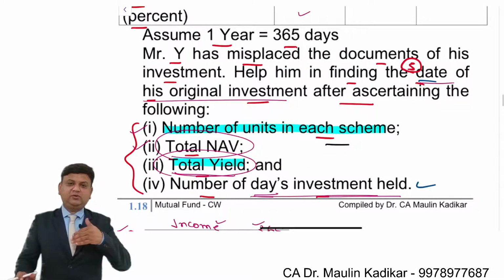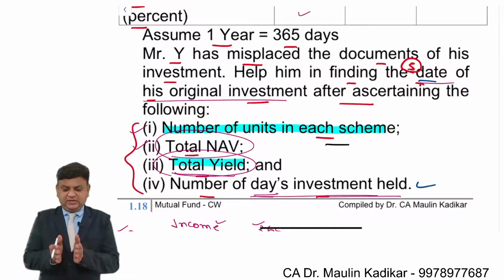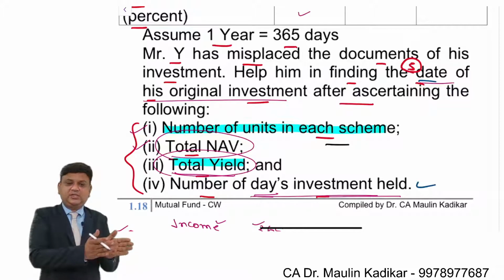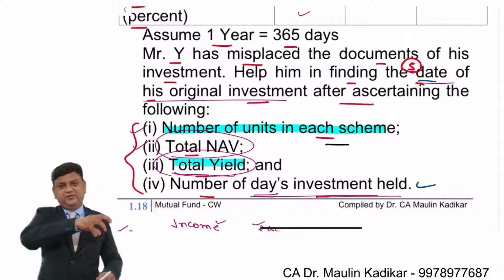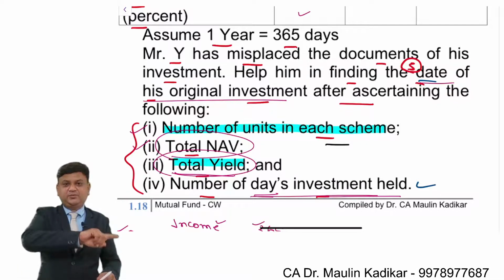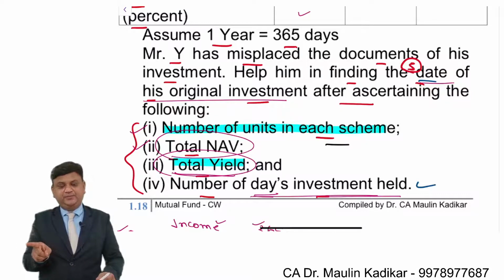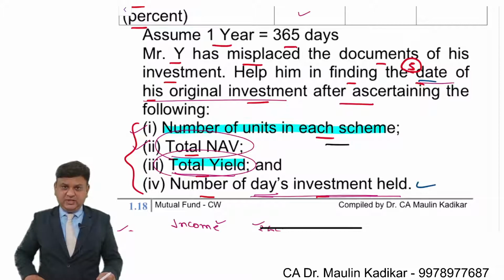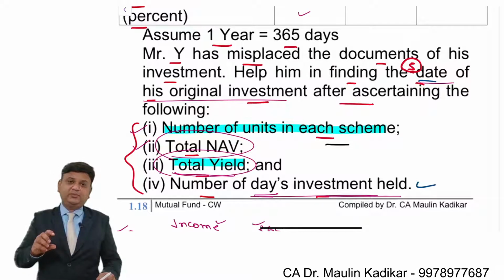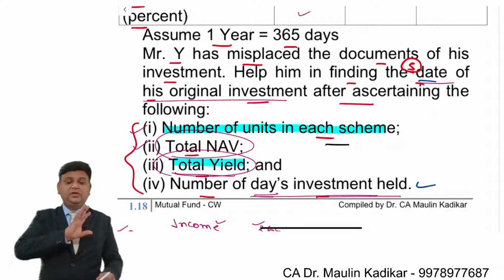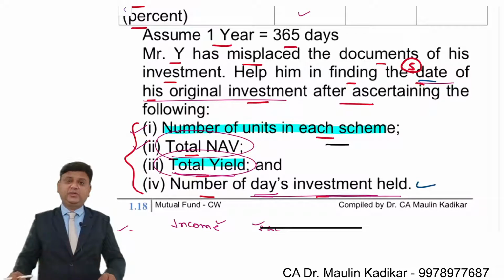One more thing I would like to tell you is that this is a question we have done subsequent to a question wherein similar information was given and you were supposed to calculate the return. Now this time you don't have to compute the return, but the number of days the investment was held, and based on that the date of the investment.